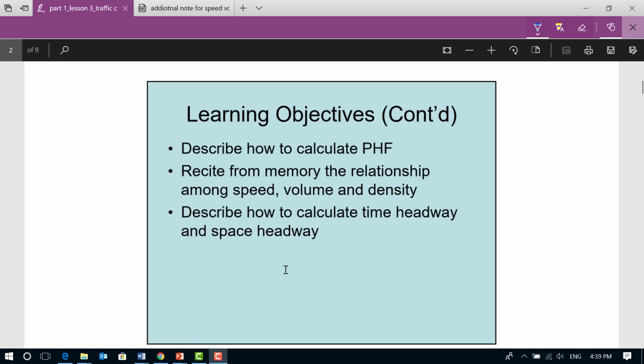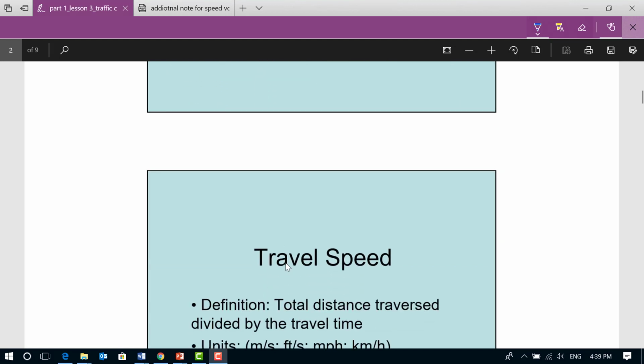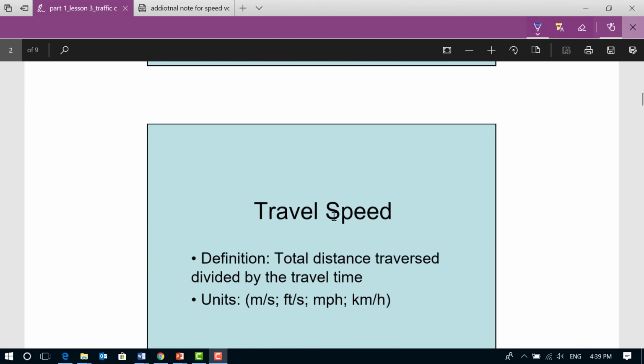Now let's go to the first traffic flow characteristic, which is called travel speed. Based on what we learned probably in high school, traffic speed is defined as the total distance traversed divided by the travel time.